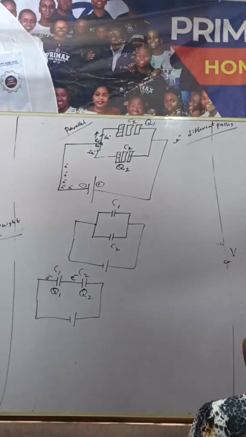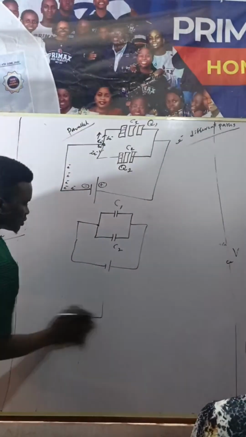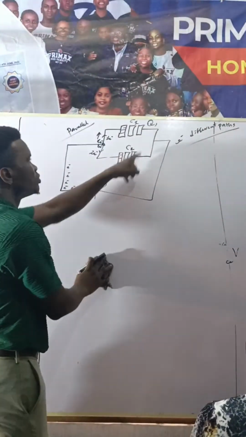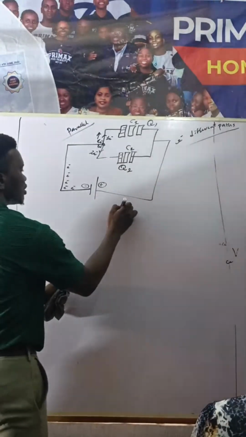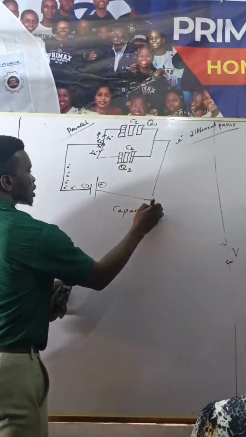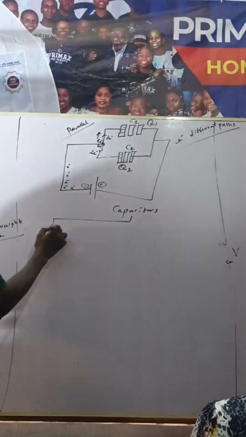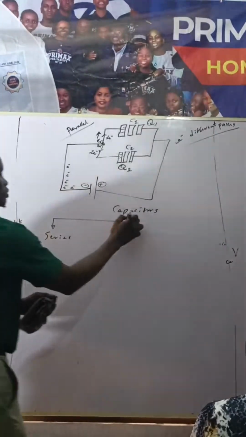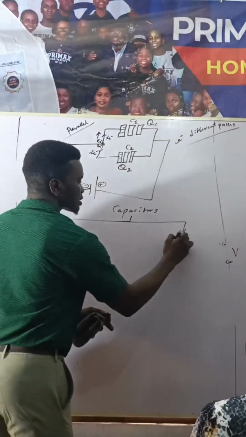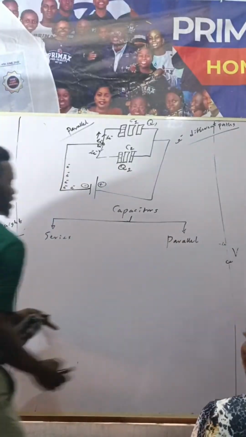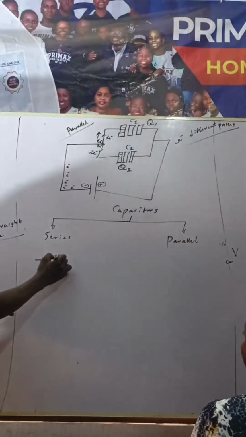So let's now analyze it properly. Here, charges will be different. Here, charges will be what? The same. So when you are connecting your capacitors, you can connect them in series or in parallel. By now, I expect you to be able to identify which one is in series and which one is in parallel. When they are in series, they follow like this.